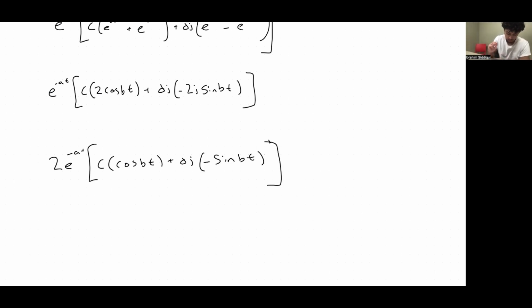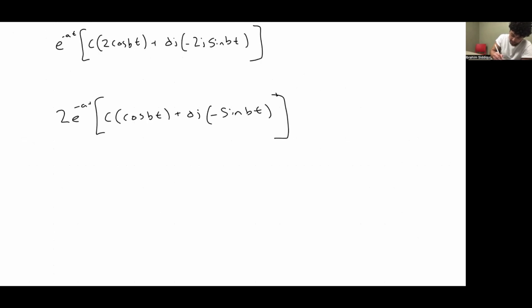Okay. From this point, we want to show an expression as a phase lag, so we're going to rewrite this in terms of phi. Doing that, we get 2e negative at multiplied by a sine of bt plus phi. Essentially, this is our final equation.